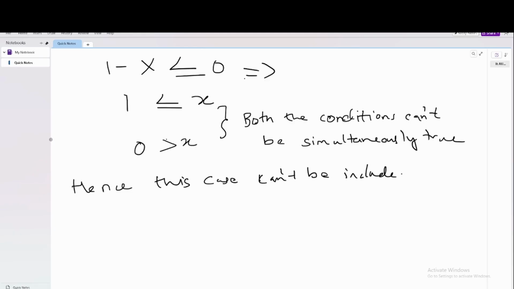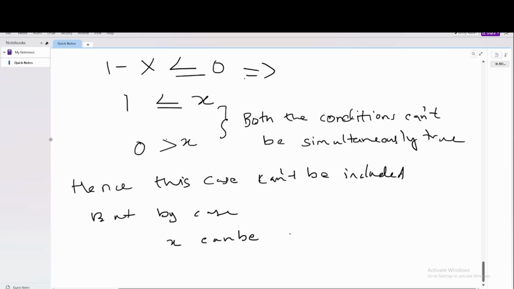But by case 1, x can be greater than 0 and less than or equal to 1.